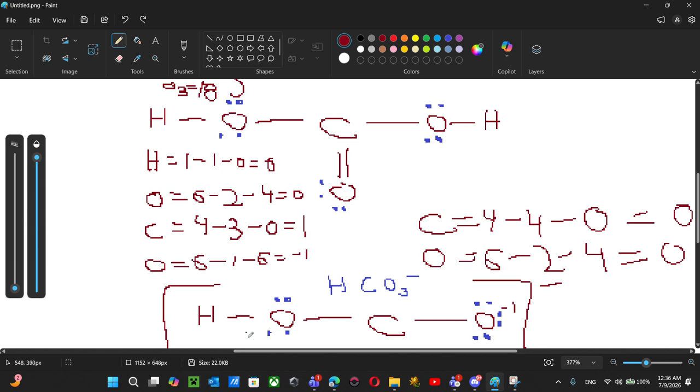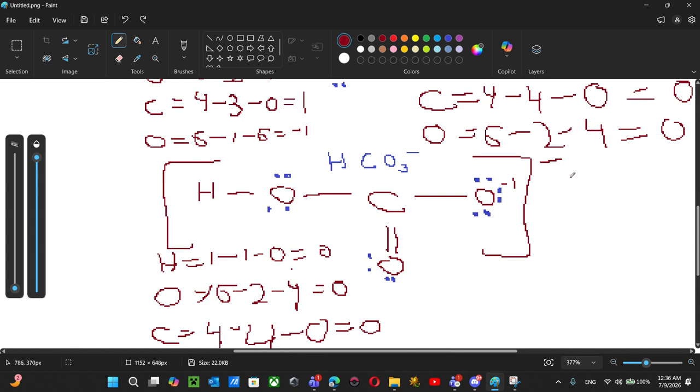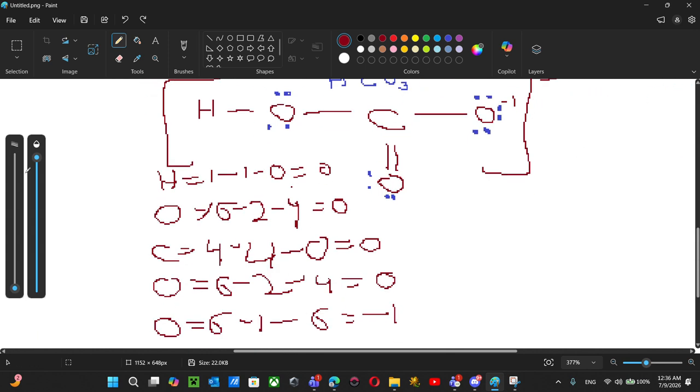You have to add that electron to an atom right here, which is the oxygen that the hydrogen was bound with. So just calculate everything again. One valence electron minus 1 minus 0 is 0. 6 valence electrons minus 2 minus 4 is 0.